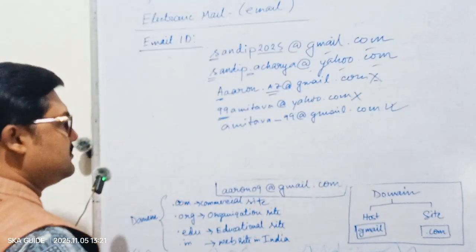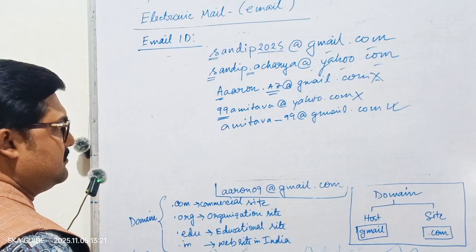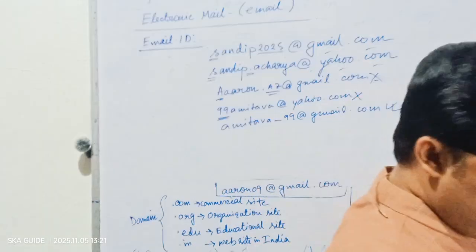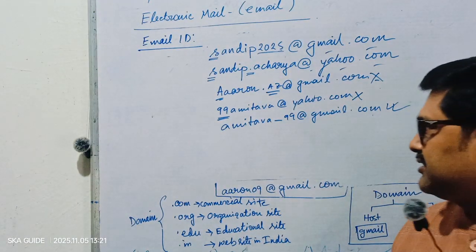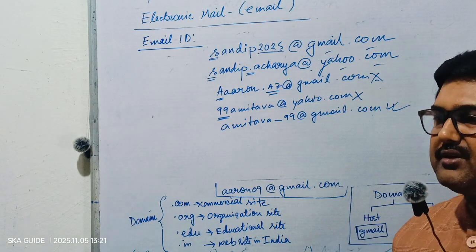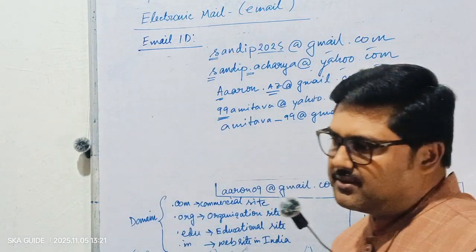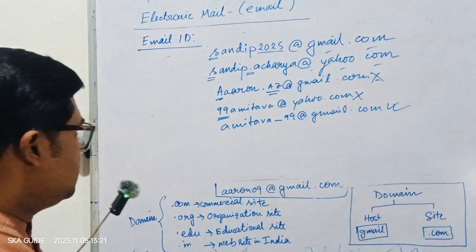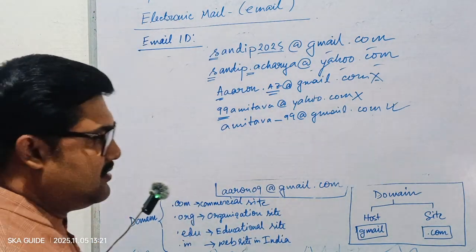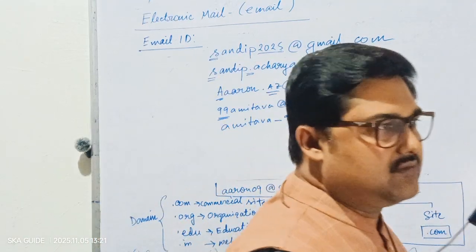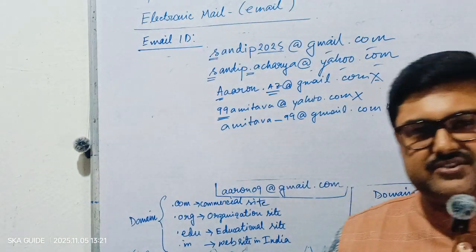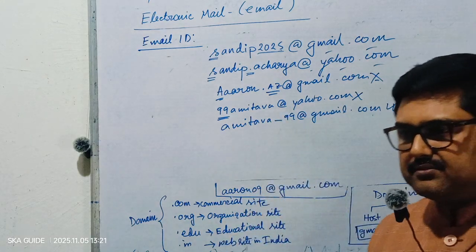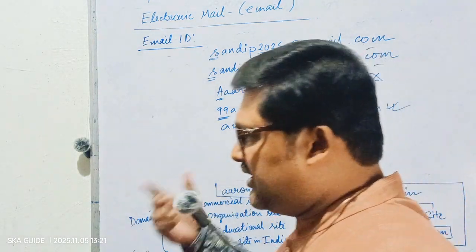If you are not having your choice of email ID available, then you must put your name. That means generally we use our names as our email ID. Okay, but if it is not available with our names, we generally add some number with the name.